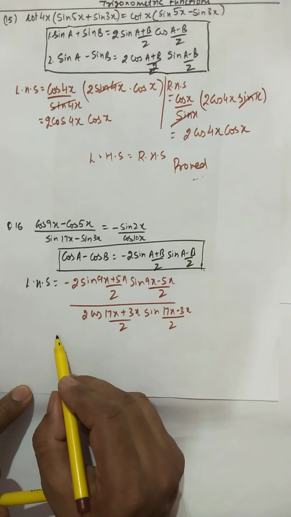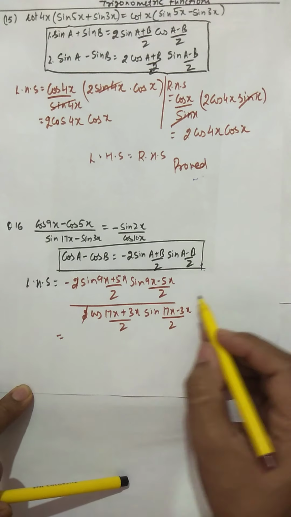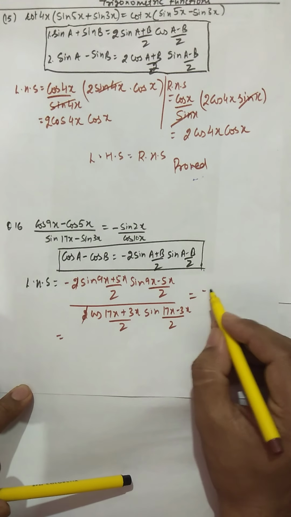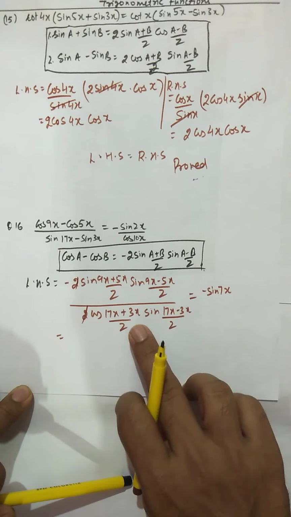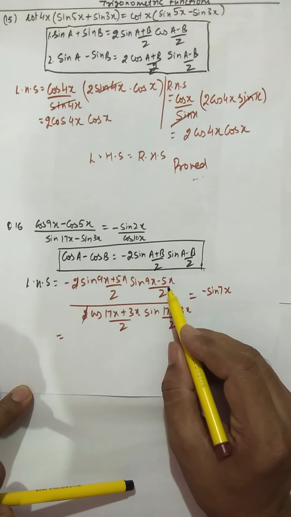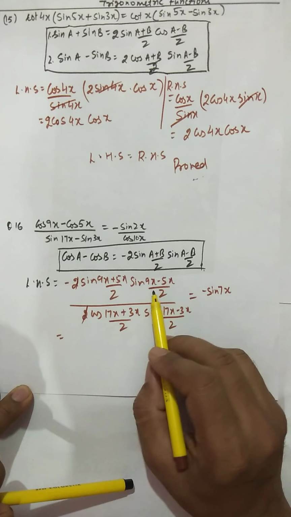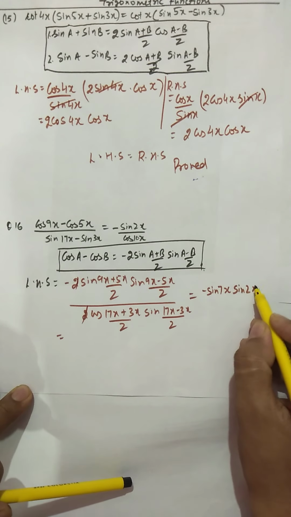So you see, this 2 you can cancel. 9x plus 5x is 14x, by 2 is sin 7x, and 9x minus 5x is 4x, by 2 is sin 2x.